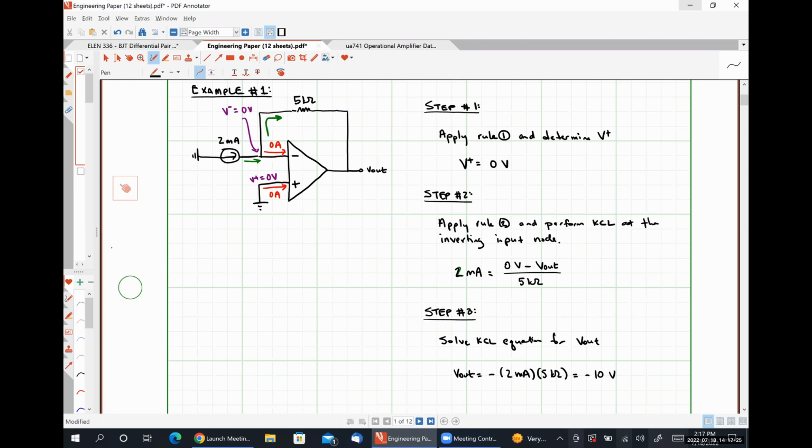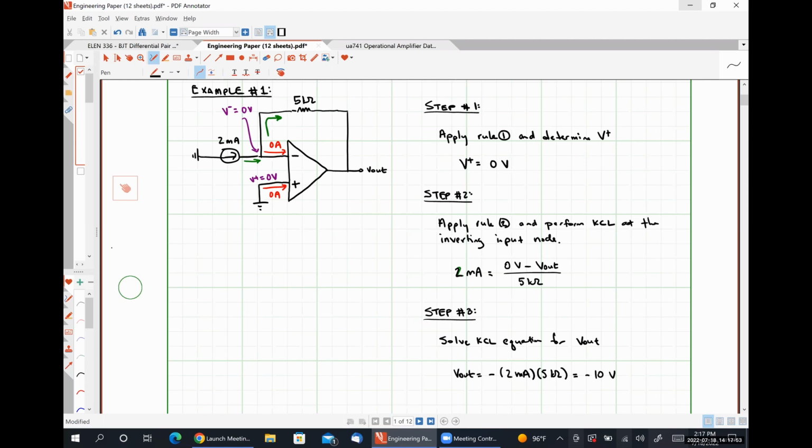We had a positive input signal, meaning the current was flowing into our op-amp, but our input signal was applied at the inverting input terminal. So a positive signal in to the inverting input terminal gave us a negative output voltage. That's what the inverting input terminal does.